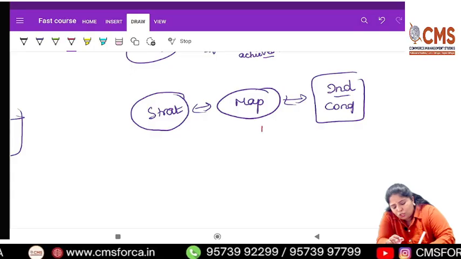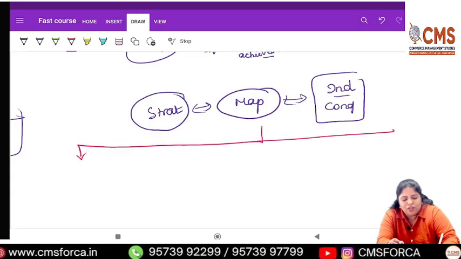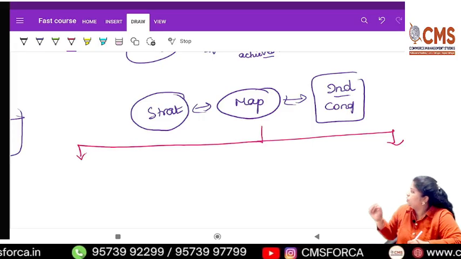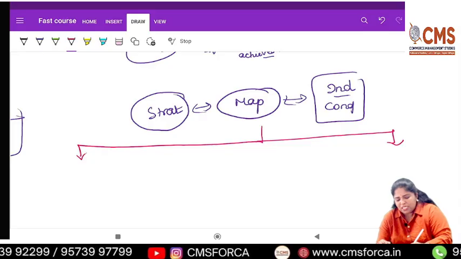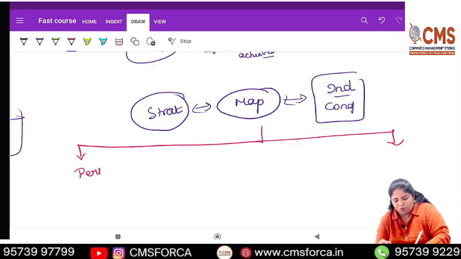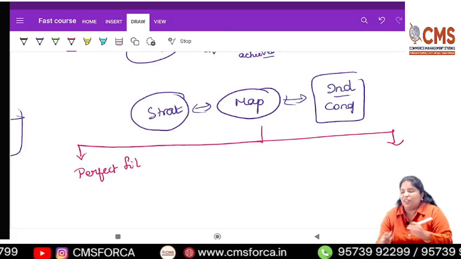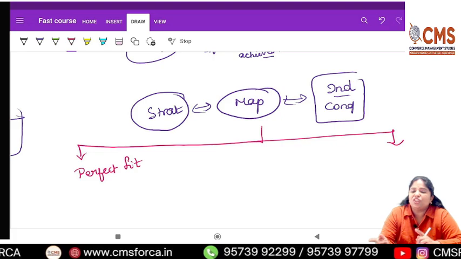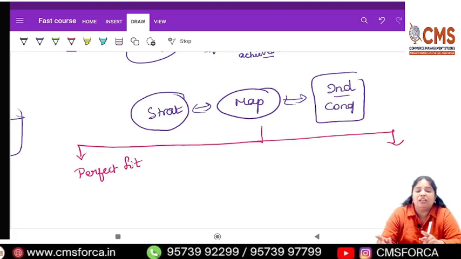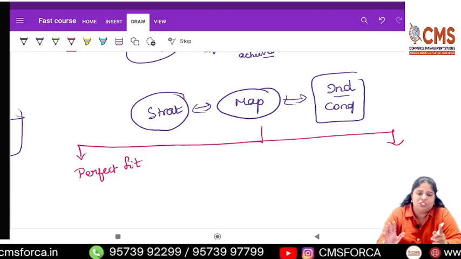When you try to map your strategy to industry conditions, we have two possible scenarios. What is the first possible scenario? You might be seeing a perfect fit. Now, what do you mean by a perfect fit here? Your strategy is very perfectly aligned to the industry conditions.